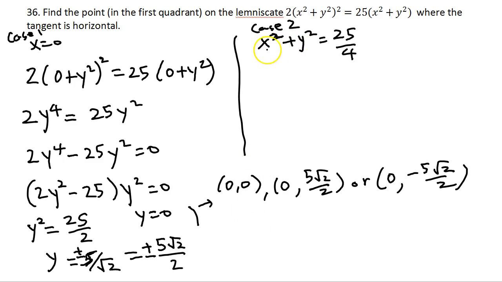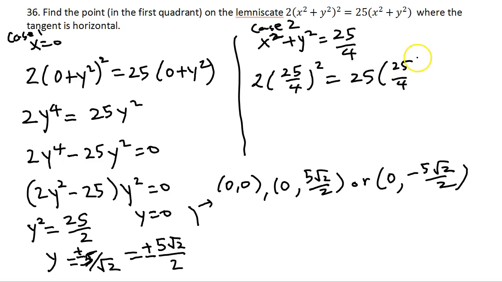Okay, what about this one? For this case, since I have x squared plus y squared here and x squared plus y squared here, why not just replace them? So I need 25 over 4 squared to this thing, and also 25 times 25 over 4.